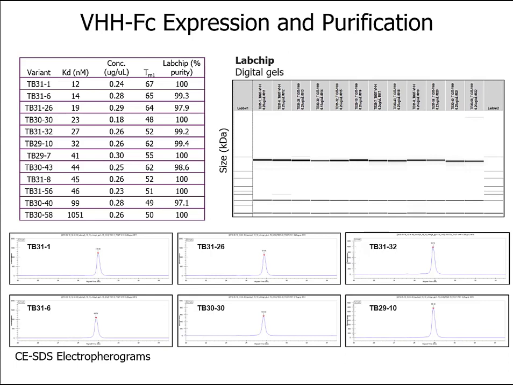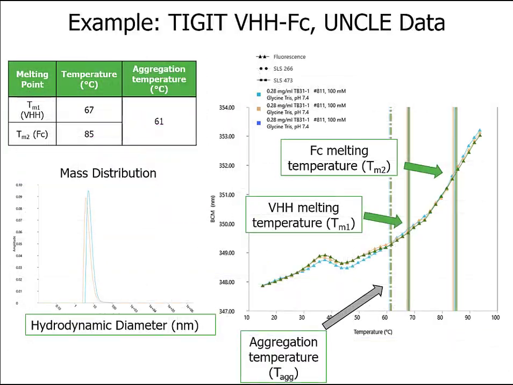So shown here is just some of the TM measurements that we calculated in the table shown on the left, showing the broad range of different thermal melting of the VHH domain as it's coupled to Fc. That was measured using the Unchained platform. And then on this slide, again, it's just showing some example data from using a VHH-Fc using the Uncle.